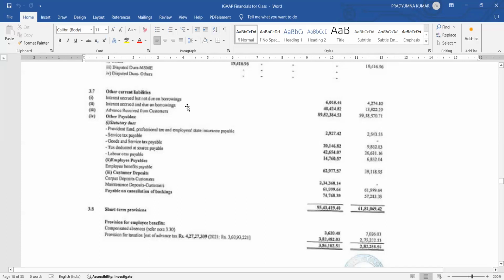Suppose the loan was sanctioned on 24th November and the company withdrew the amount immediately. If they say 30 days billing, they are not going to bill it on 30th November. They are going to bill it only on 23rd December.